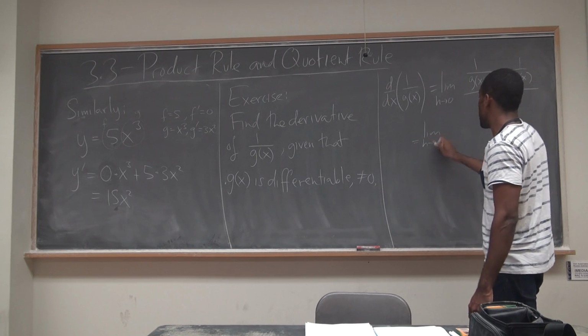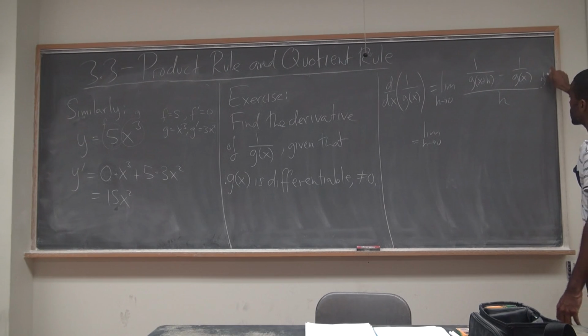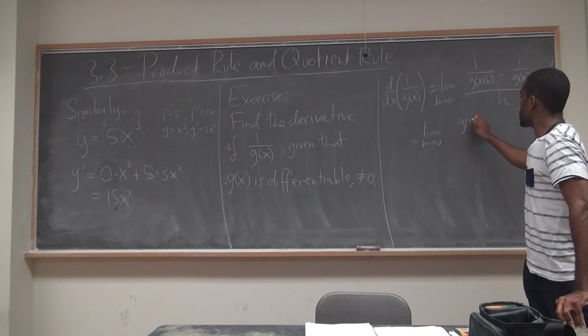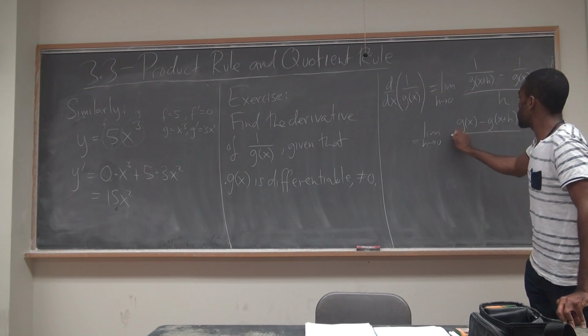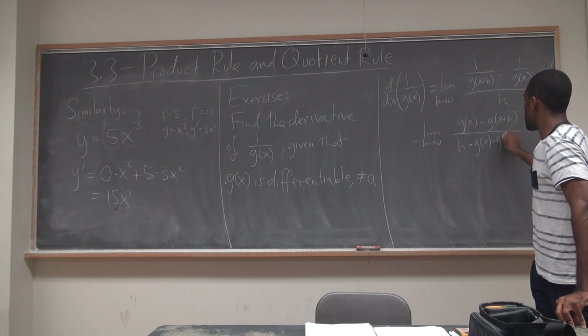So here I would find the common denominator, which is g of x times g of x plus h, and I'd multiply top and bottom by that. So this would become g of x minus g of x plus h over h times g of x times g of x plus h.